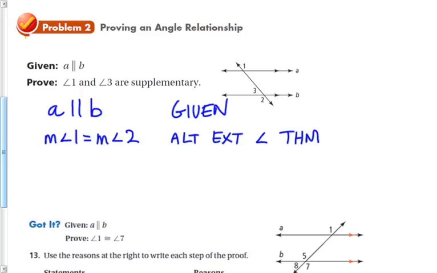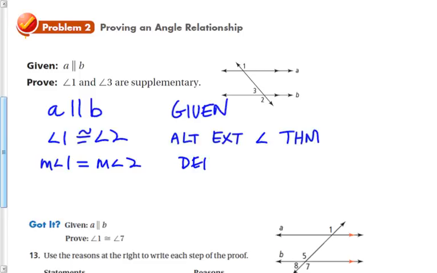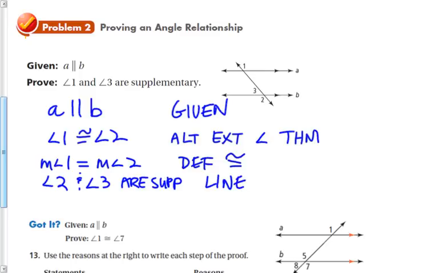Actually, we should say that they are congruent, not that they're equal. So angle 1 is congruent to angle 2. And then we can say the measure of angle 1 is equal to the measure of angle 2, and that's by the definition of congruence. Then we're going to say that angle 2 and angle 3 are supplementary, and that's just the linear pair postulate.